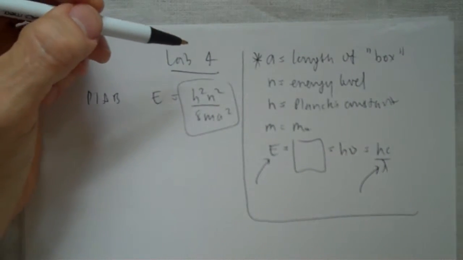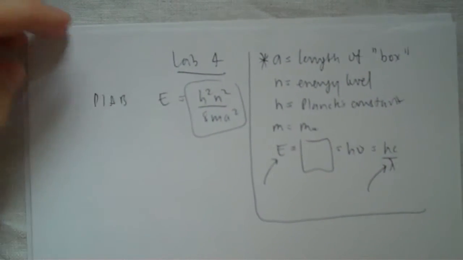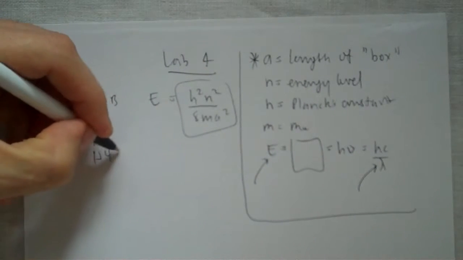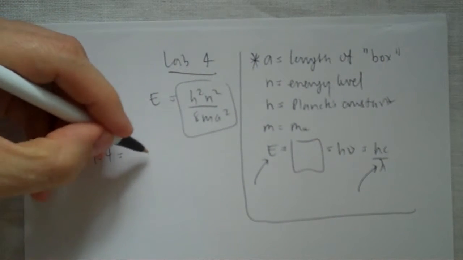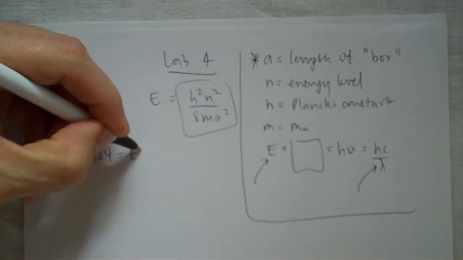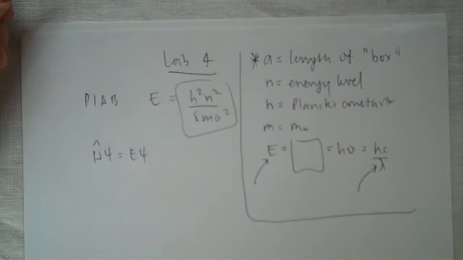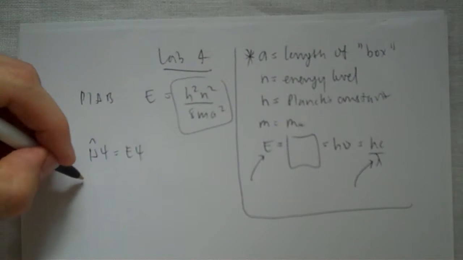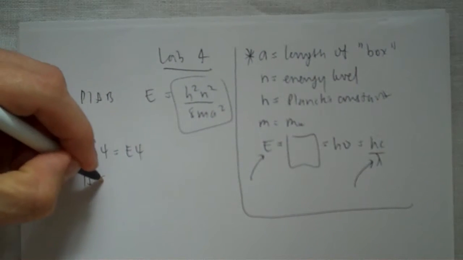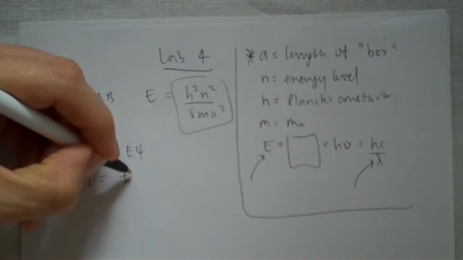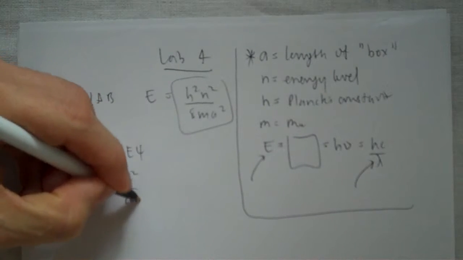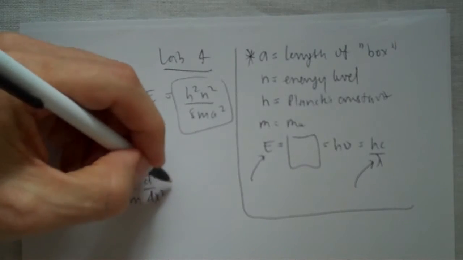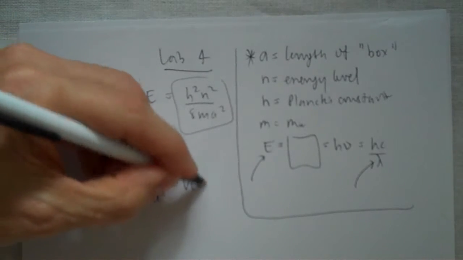All right, so let me derive this equation here from what we know. Now, we know that the total energy operator times psi, the wave function, is equal to the energy times the wave function, right? And we also know that the total energy operator is minus h bar squared over 2m, second derivative, plus the potential.